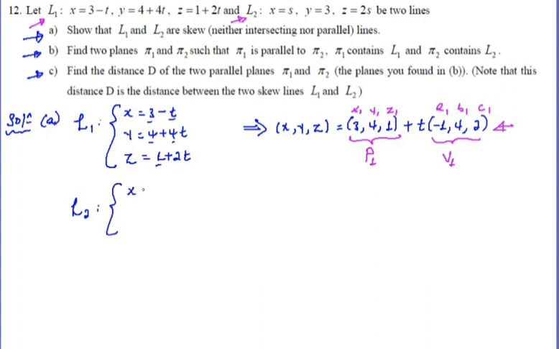The second line L2 is given in parametric form. ይሄ L2 ምንድነው x is equals to s, y is equals to 3 and z is equals to 2s ነው ተብለናል.